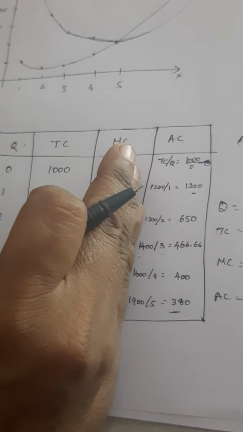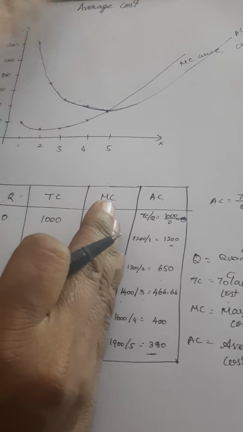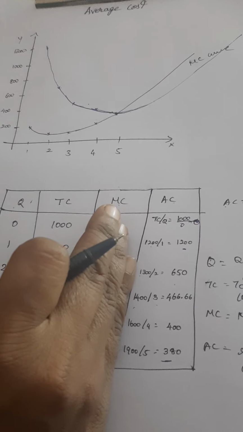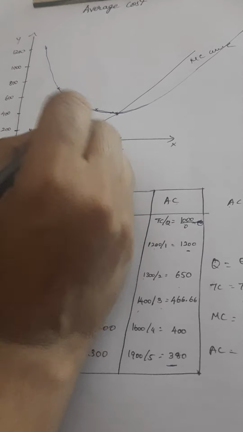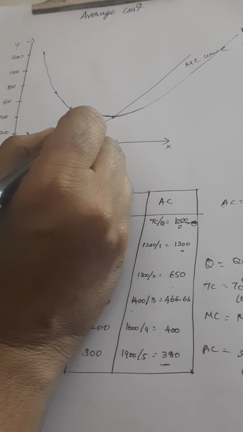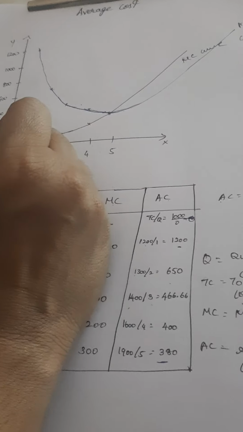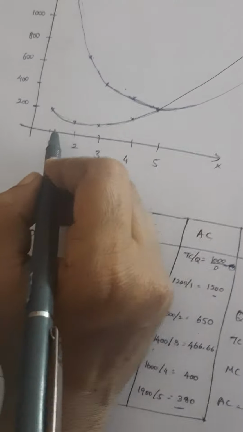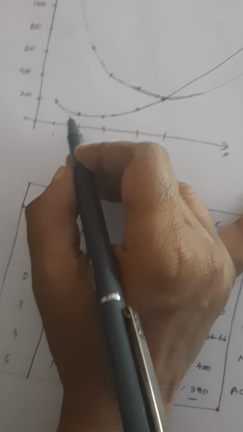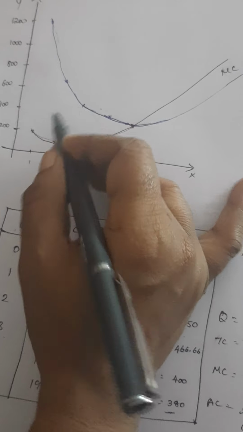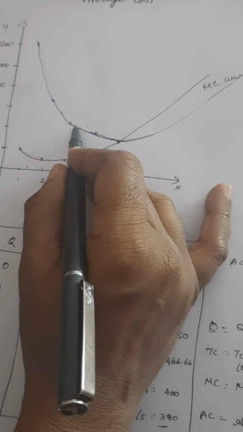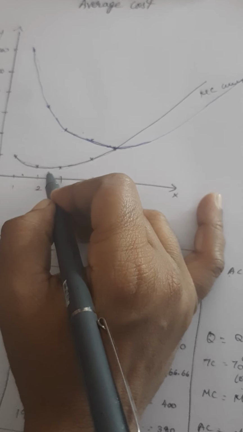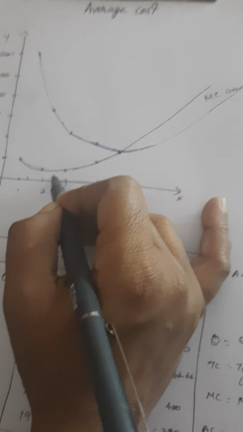Okay, through the graph I will explain the relationship between the average cost and the marginal cost. When AC is falling, MC lies below the AC. When AC is falling down, the MC curve is below the AC. This is the AC curve. Below the AC curve only the MC curve lies.